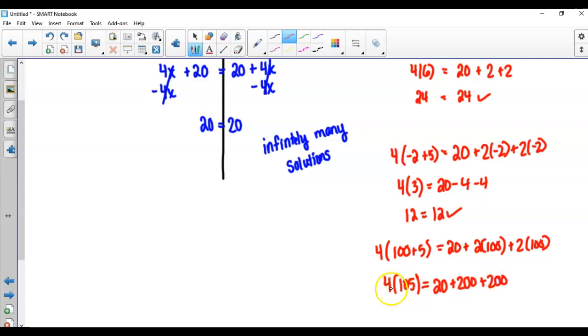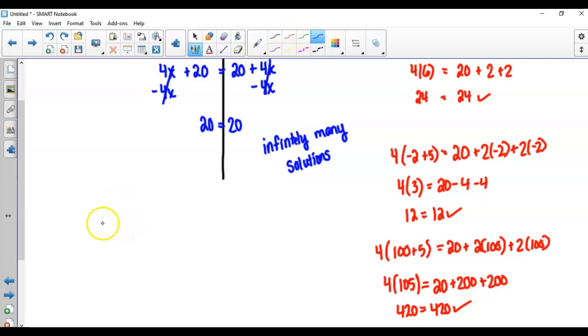And if you multiply 4 times 105, you're going to get 420. And over here, if you add 20 plus 200 plus 200, you're also going to get 420. So infinitely many solutions means you can plug in any number and it'll work in the equation.